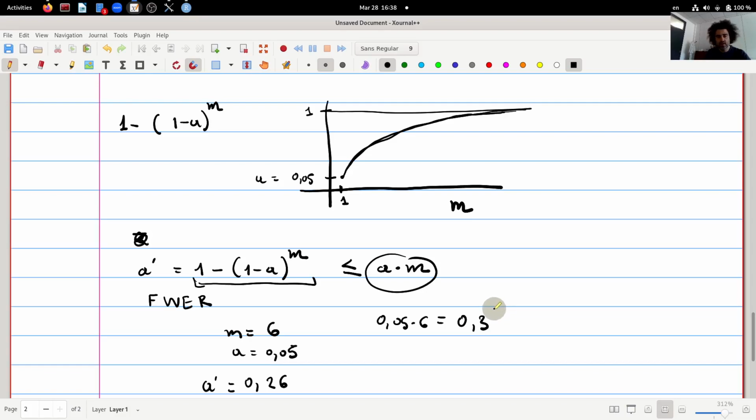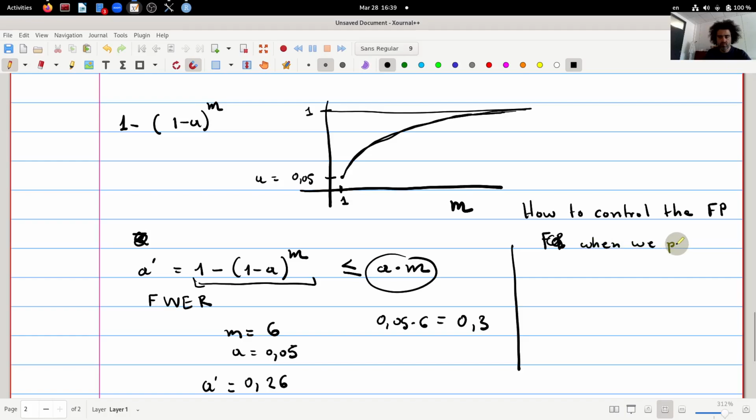Therefore, the question now is how to control the false positive rate when we perform multiple experiments.